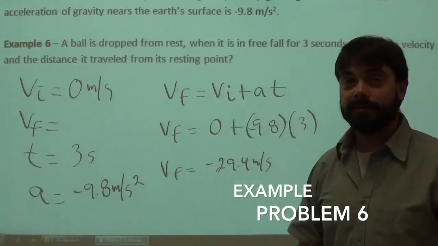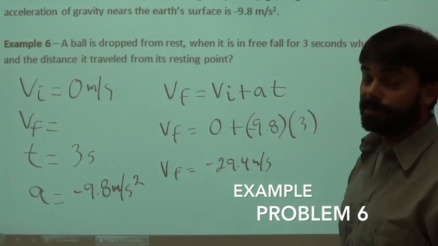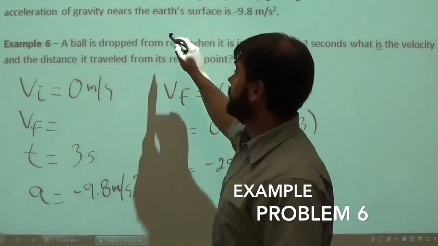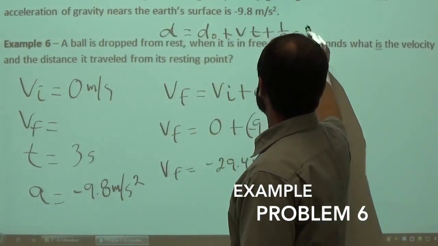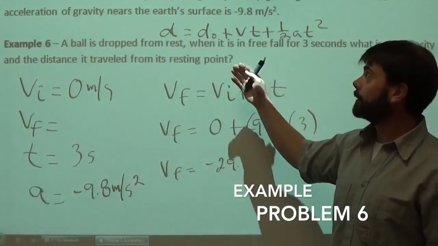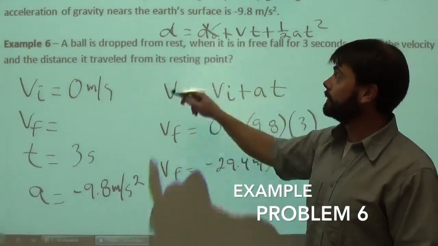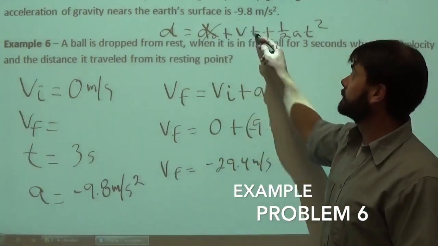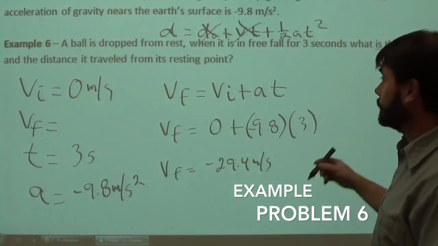They also want us to figure out how far the object travels in this given amount of time. So starting with our base equation for distance, when I look at this, the only thing that we need to worry about is the last portion of the equation, because the original distance was 0 and the original velocity was 0. So if we want to figure out distance, our new equation would look like this.